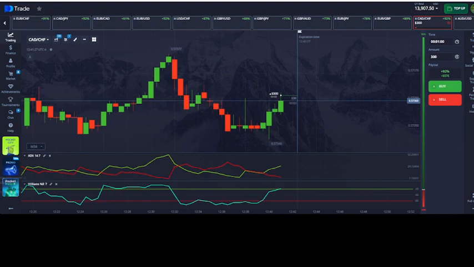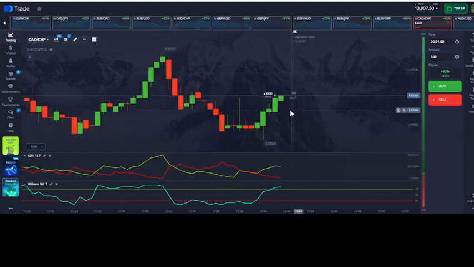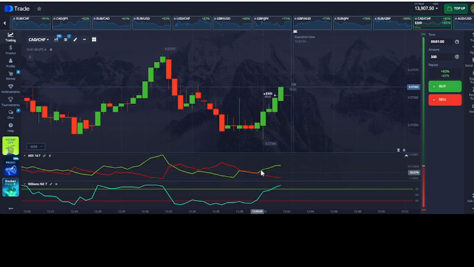Okay, so I'm on a Canadian dollar Swiss franc currency pair, and I just took a buy trade here. The reason why I took the buy trade here, we noticed the green plus DI line crossing the red minus DI line here. And then there's a divergence of the lines here. You see how they're growing apart here?